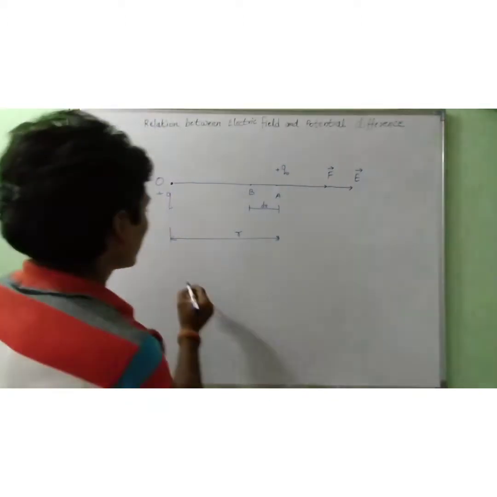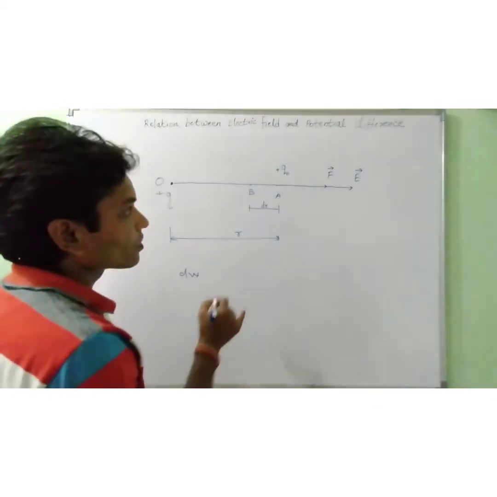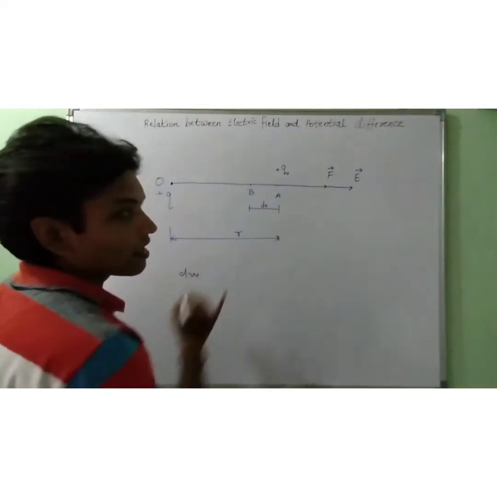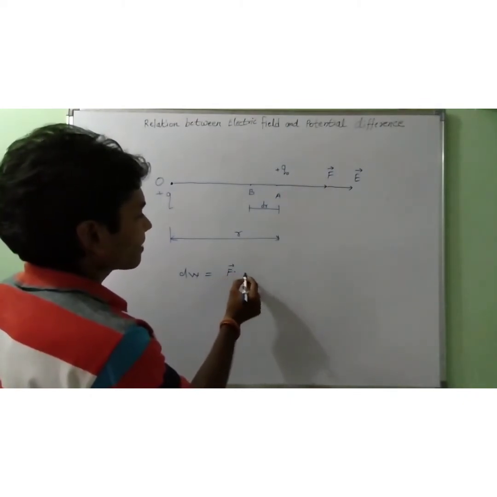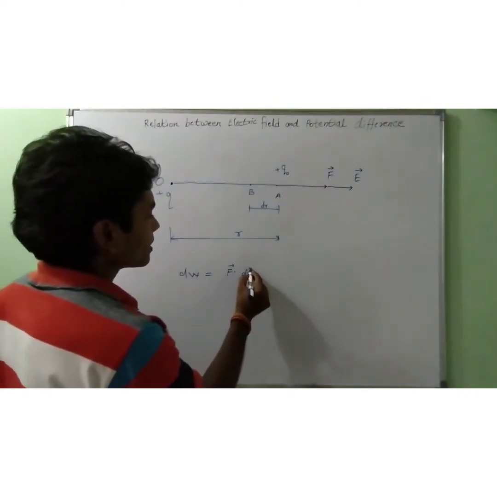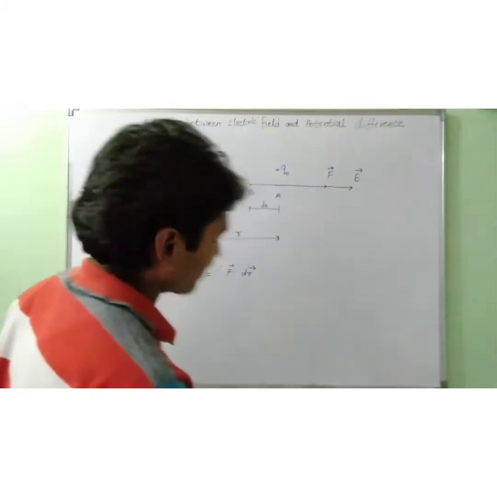So the work done dW in displacing through the small displacement dr will be equal to vector F dot vector dr.